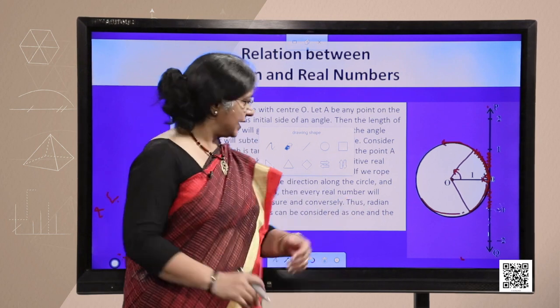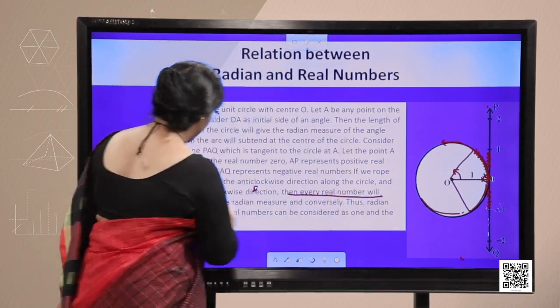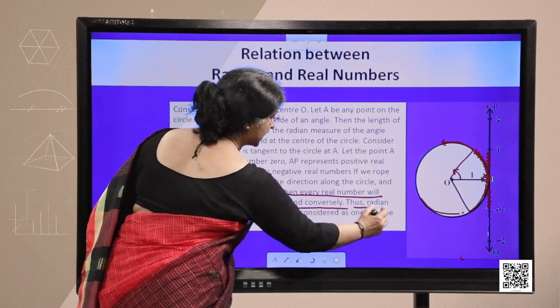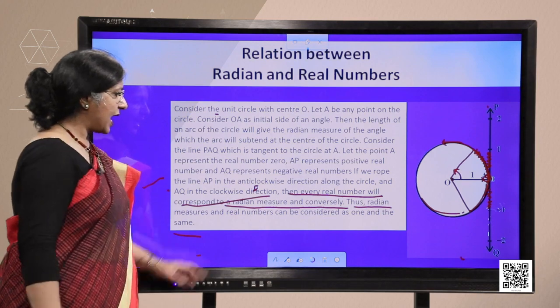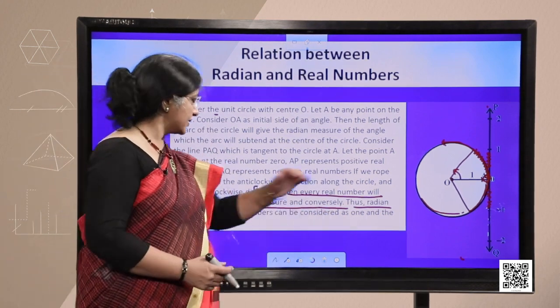So, we can relate that every real number will correspond to a radian measure, and conversely. Thus, a radian measure and real numbers can be considered as one and the same.